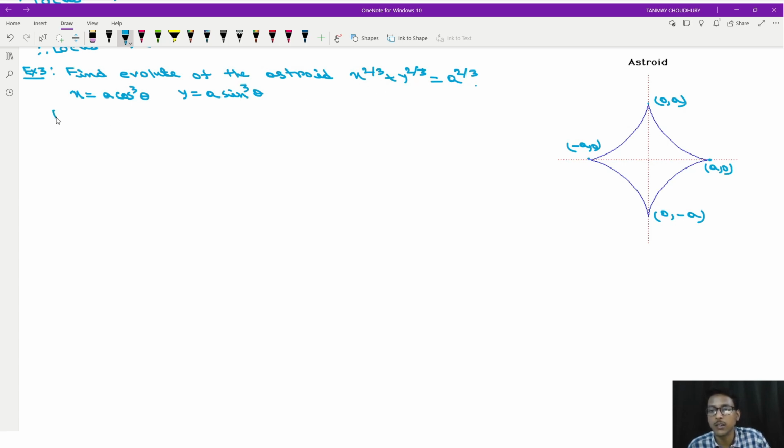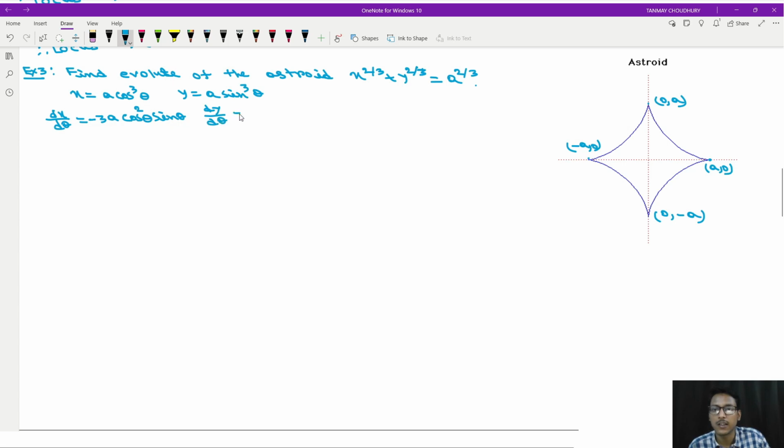So from here, what is dx d theta? It is 3a cos square theta into minus sin theta, and similarly dy d theta is thrice a sin square theta cos theta.